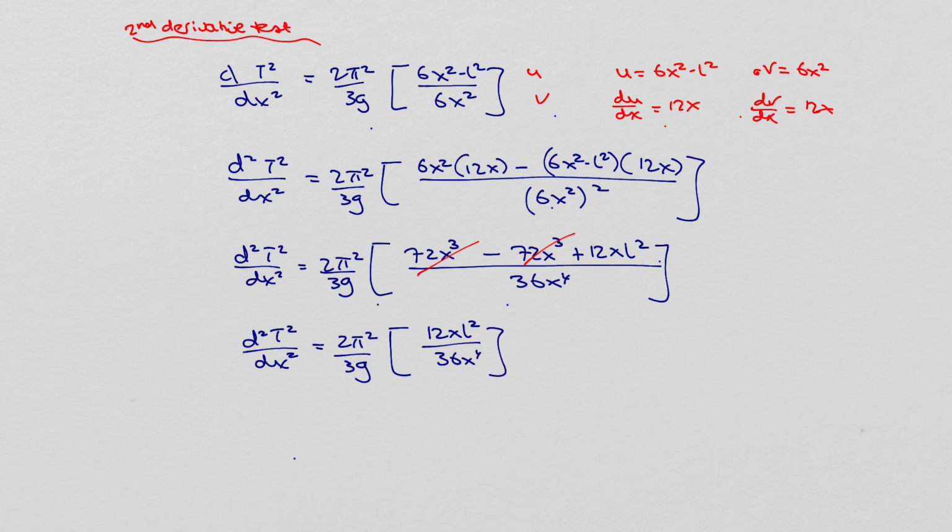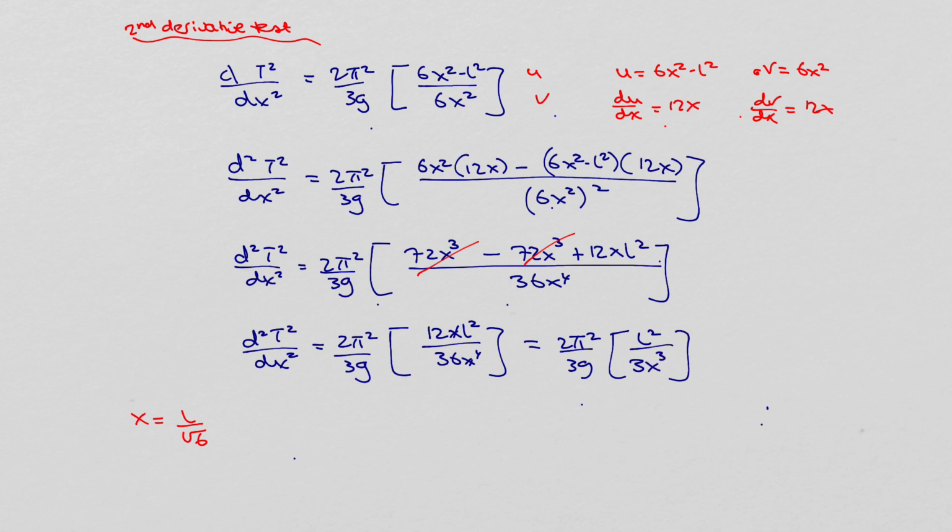So if we test our x value, so when x is L over the square root of 6, then if I sub in, actually I can simplify that. x will go into that. So that's 2 pi squared over 3g times, and 12 goes into 36, so I can simplify that nicely down to L squared over 3x cubed.